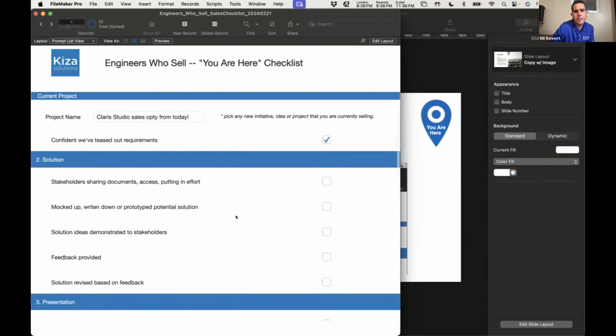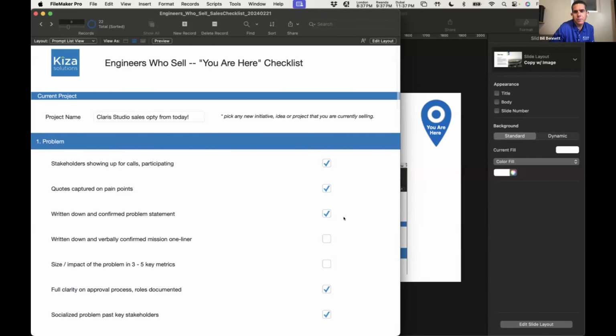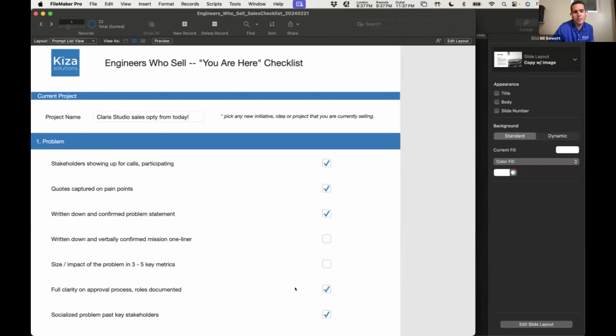Any thoughts, questions, any observations of something that you can see in here and you go, oh, I'm not sure I really do that, or what is that one? Well, I love the first one, Bill.